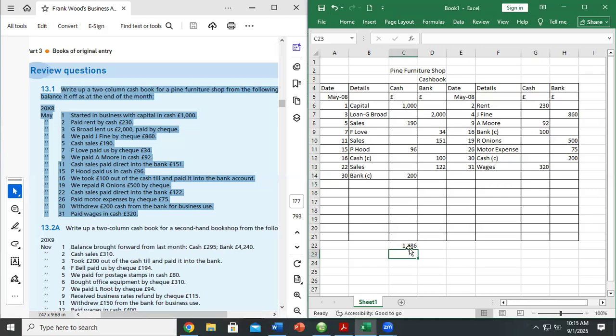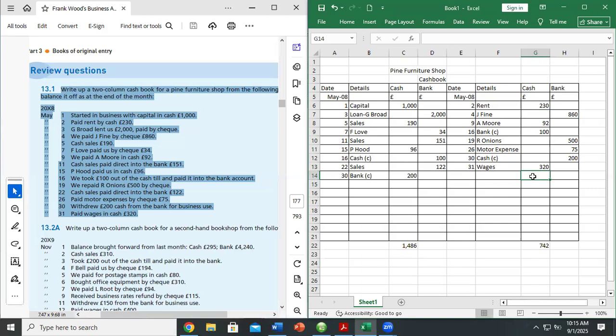That's 1,486. Then let's check for the credit side. For the credit side, we have 230 plus 92 plus 100 plus 300. You have 742. So all other things being equal, the debit is more than credit, which is always the case for the cash.